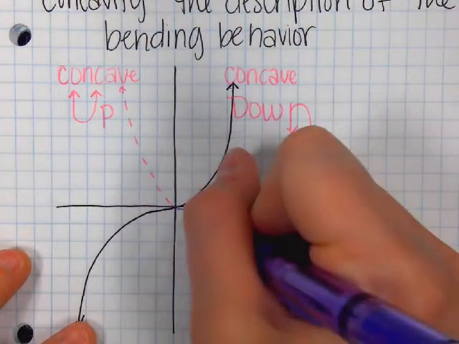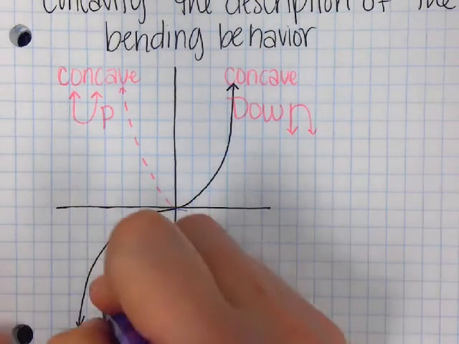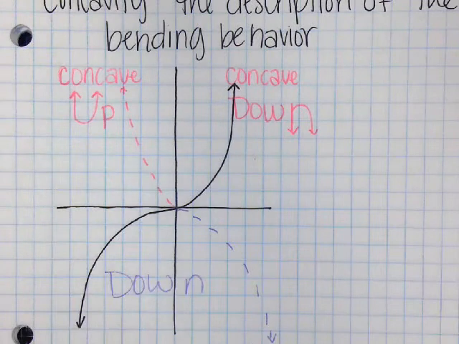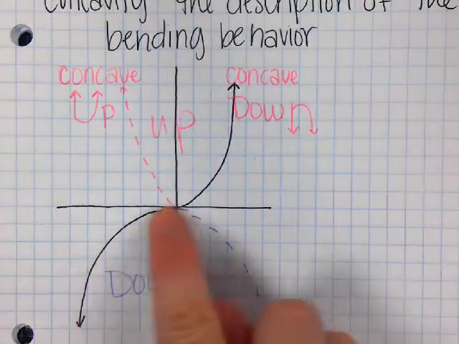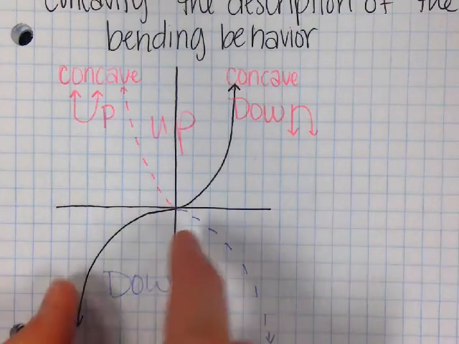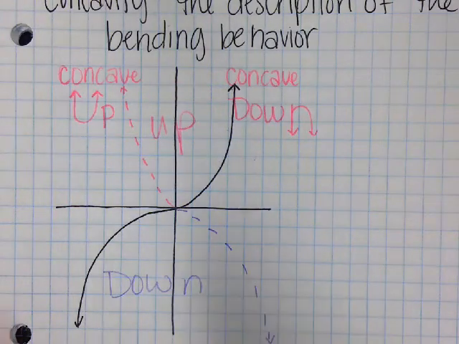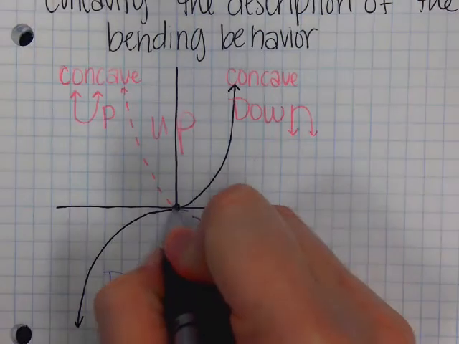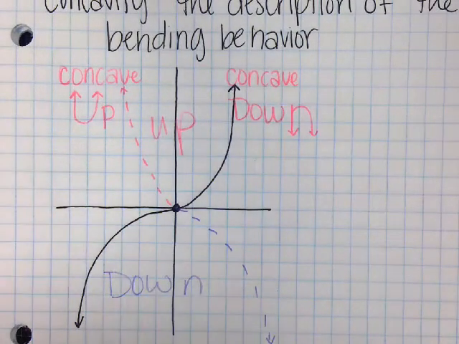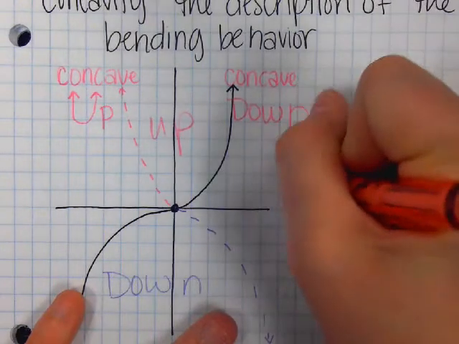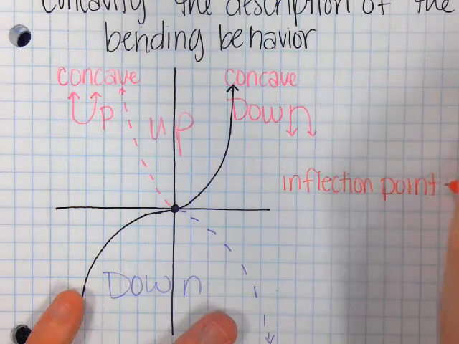And then this down here is concave down. Now, the black is the actual function. So a part of the function is concave down, and a part of the function is concave up. That point at which it switches, right there from being concave down to being concave up, is called an inflection point.